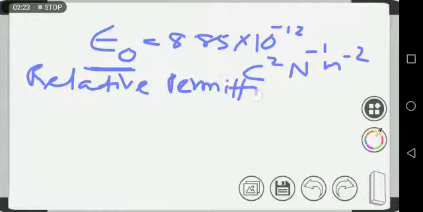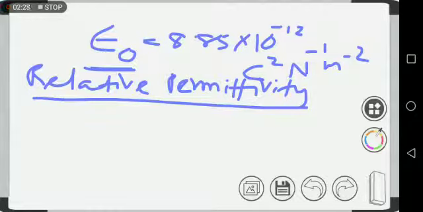Now we are clear that permittivity is a property of a medium, and for a medium the permittivity is given as epsilon. For any medium epsilon has a certain value, and for air it is a fixed quantity, 8.85 into 10 to the power minus 12.